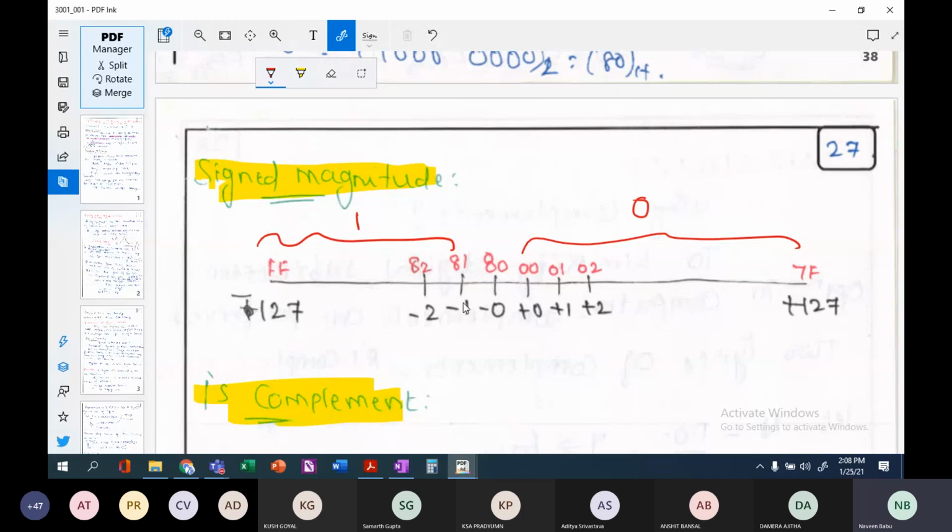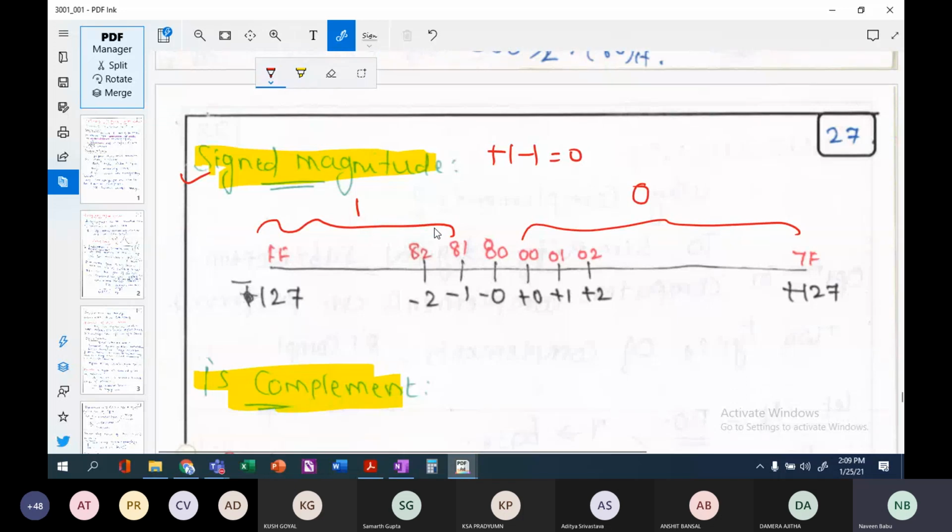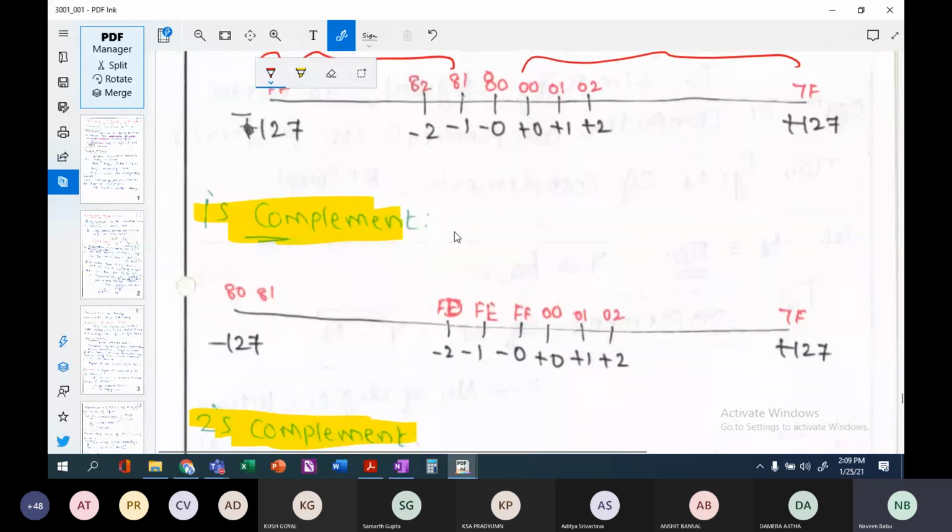But the disadvantage here is you have two zeros, in fact, -0 and +0. At the same time, the disadvantage is when you subtract, say, +1 and -1, you will not get 0 in case of a signed magnitude representation. Then we moved on to the ones complement representation.